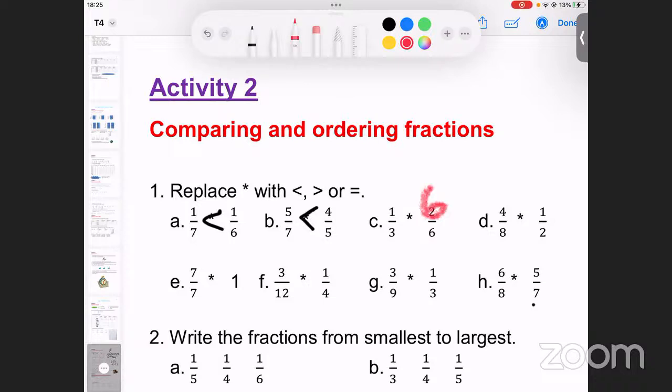Then you would take the denominator 6 and times it by the 1, and write your answer in pencil on top of the 1, which is also 6. Since they're both the same numbers, now you know that they're equal to each other.